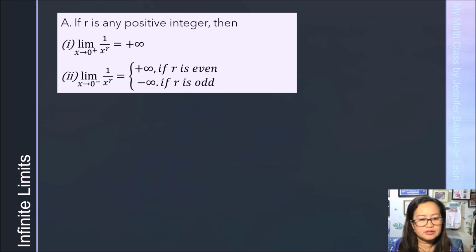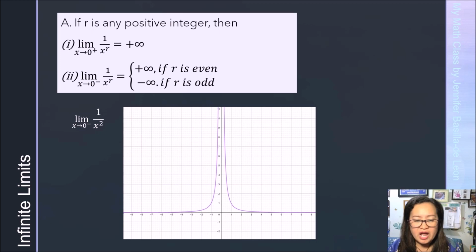Now consider the second example. The limit of 1 over x squared as x approaches 0 from the left. Let's have a graph. As you can see, we will have to trace the graph from left to the right.